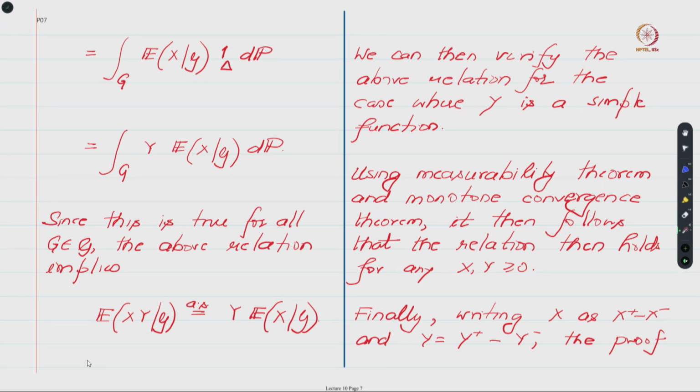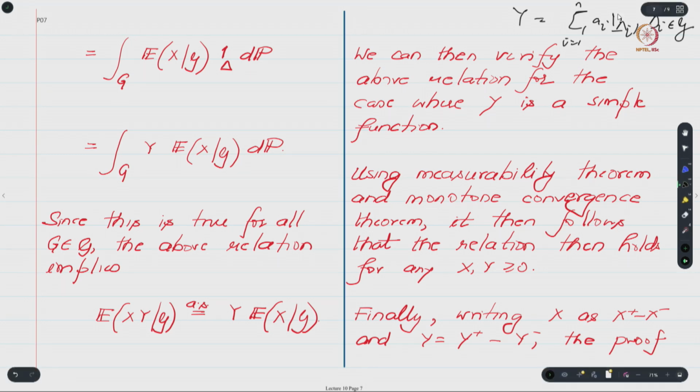And the way we verified this relation, we can use the same proof technique to conclude that this relationship also holds when y is actually a simple function, that is y is summation i equals 1 to n a_i indicator delta_i, where delta_i belongs to G. Okay.